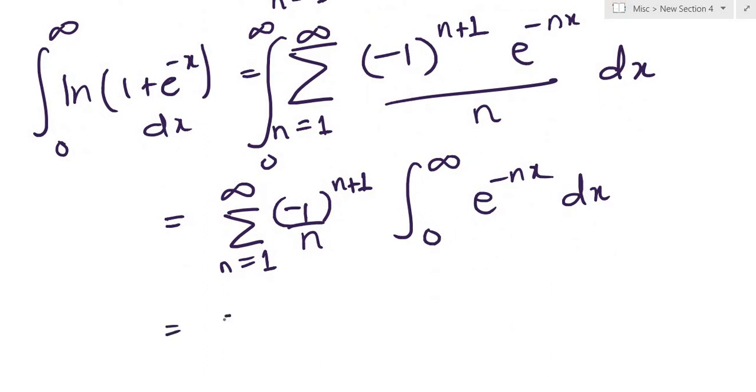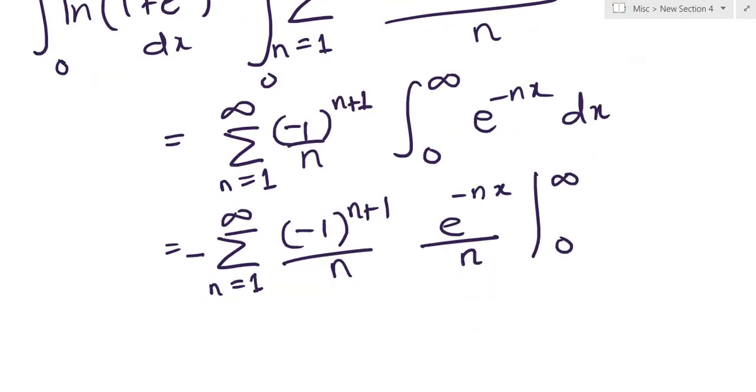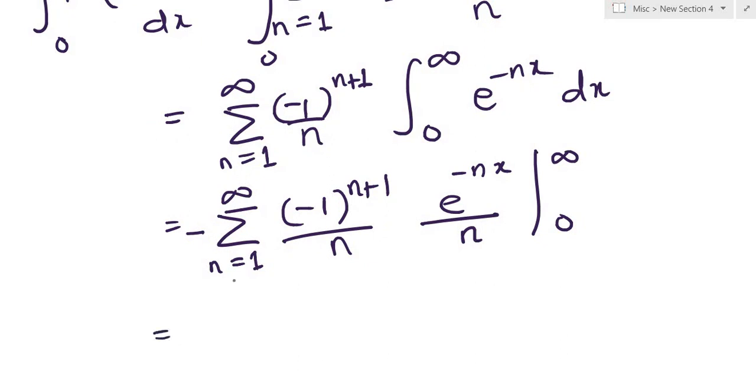Well, okay, so let's integrate this, and integrating this shouldn't be a hard job. So we have a negative, and we have e raised to negative nx over n, but evaluated from infinity to 0. So we have the sum from n equals 1 to infinity.